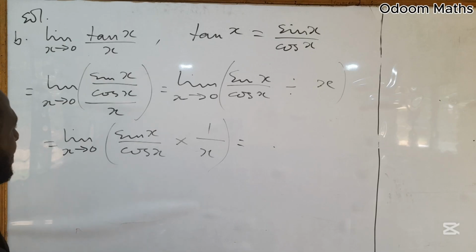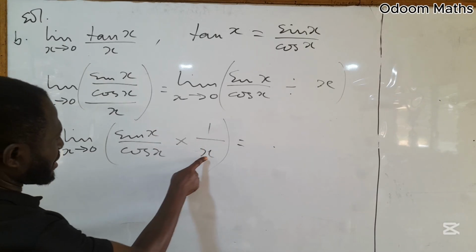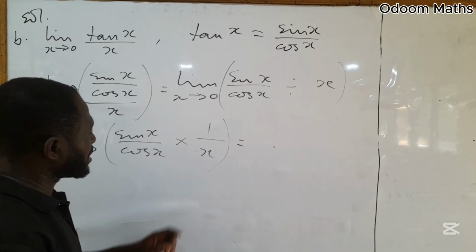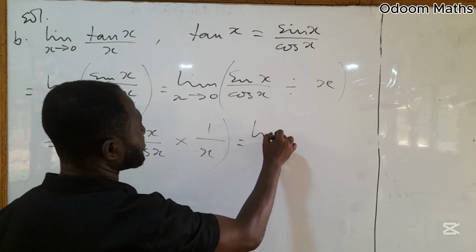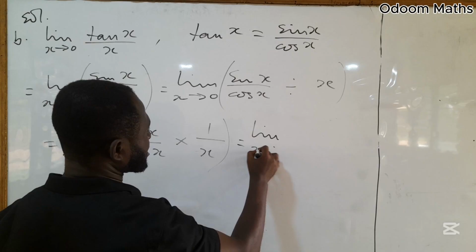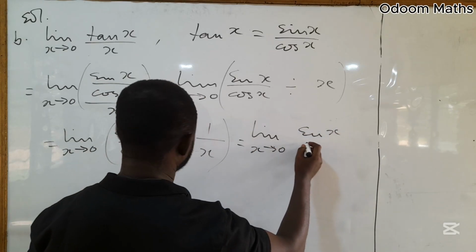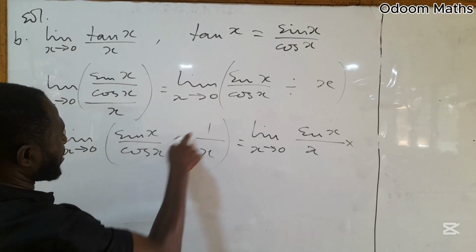Now, we can interchange this, because multiplication is commutative. So I can write the limit as x approaches 0 of sine x over x times 1 over cos x.